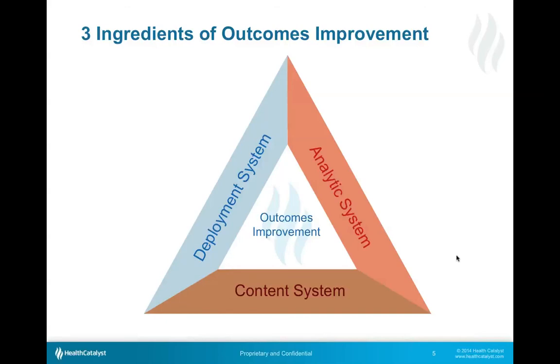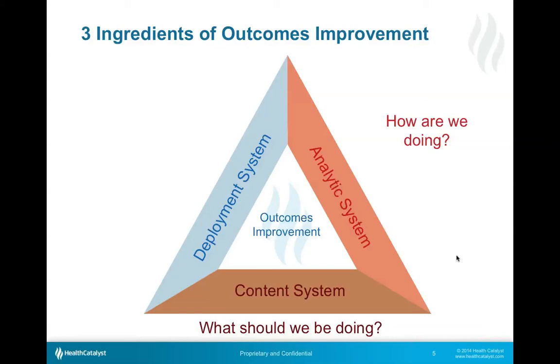So what do I mean by content system, deployment system, and analytics system? Well, a content system describes what we should be doing. What are the evidence-based guidelines? What are the best practices? What knowledge should we be applying to improve outcomes? Second, the analytics system: we need to know how we're doing. Are we complying with the best practice guidelines? Are we providing the care in the most effective and safest way?